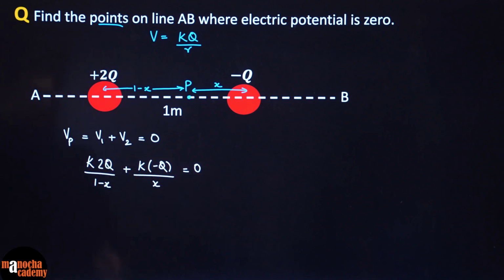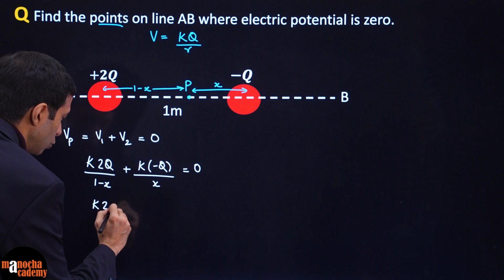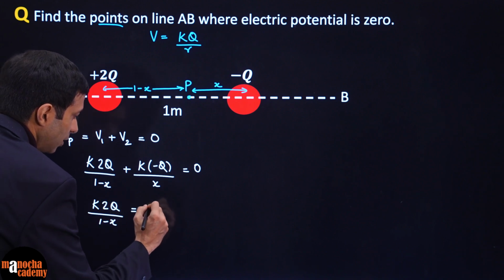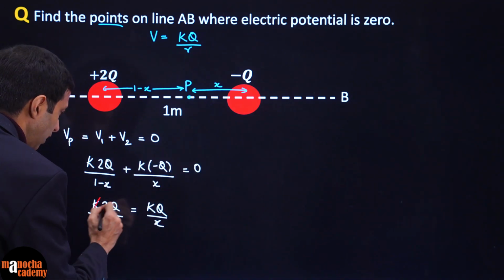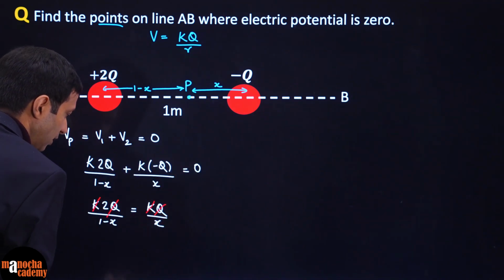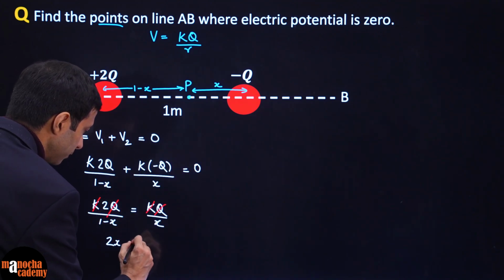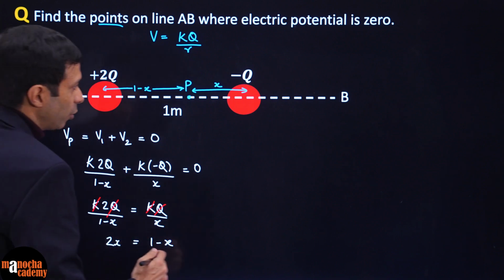Now you just have to solve this equation. So if I take this to the other side, I'm getting k 2q by 1 minus x equals kq by x. And guys, as you can see, k will cancel, q will cancel. And if we cross multiply, we are getting 2x equal to 1 minus x. So 3x equal to 1.